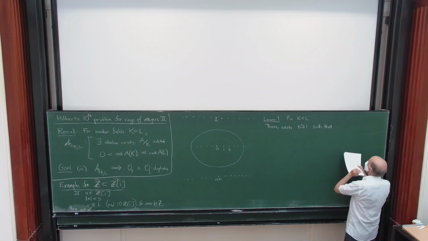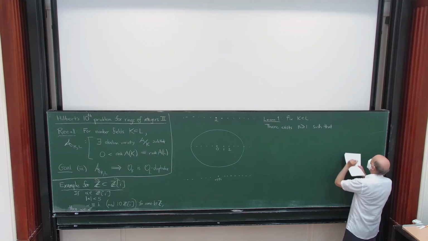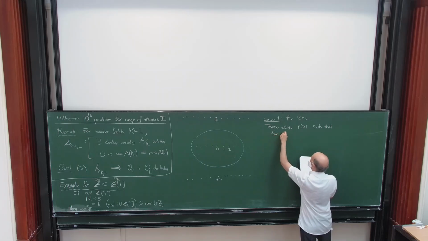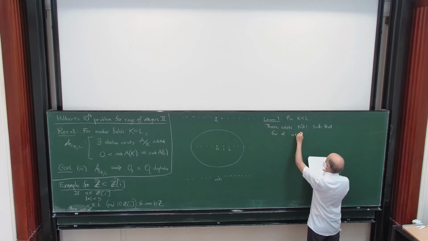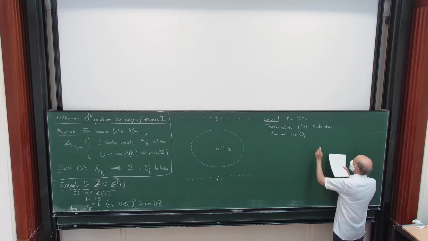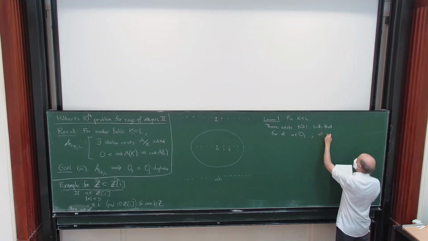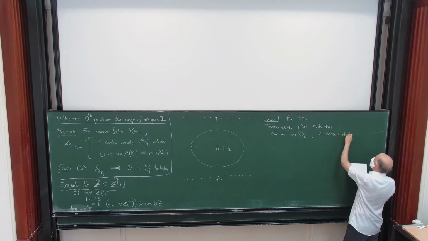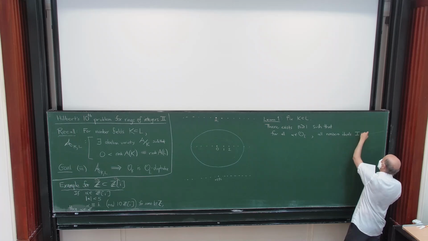I claim that there exists an n such that for all elements of OL, so this is the element that we're trying to force to be in OK, and all non-zero ideals I inside OK.